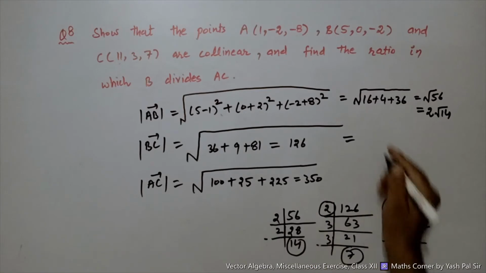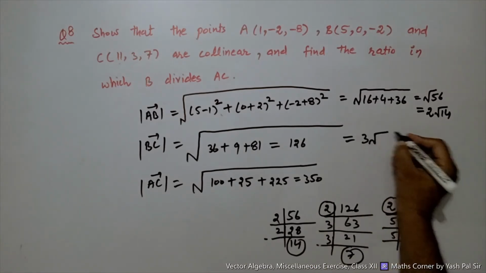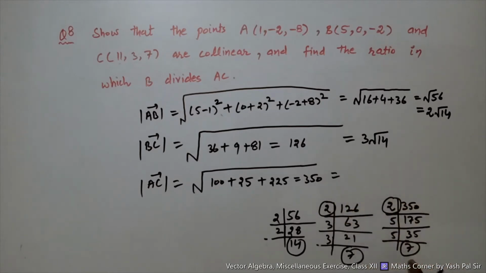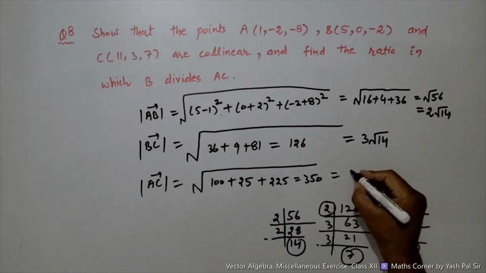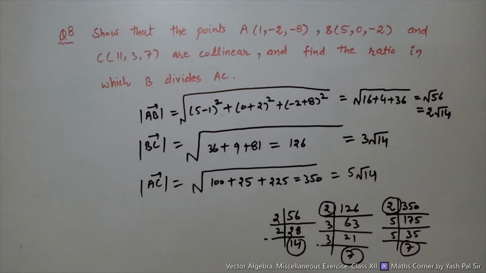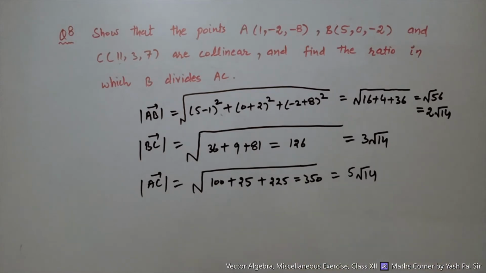126 can be written as 3 into square root of 14, 350 can be written as 5 into square root of 14, right? What does this mean?